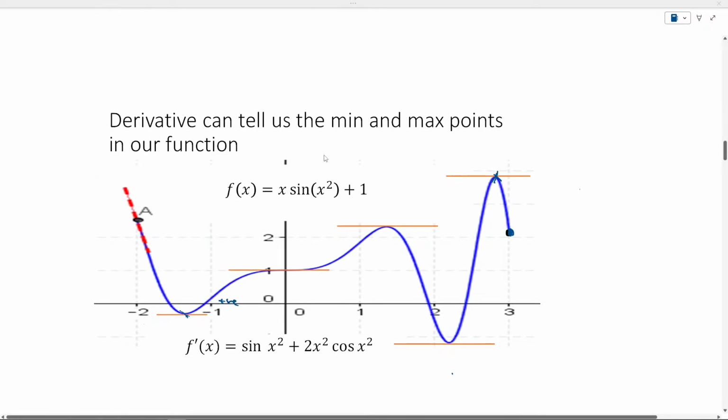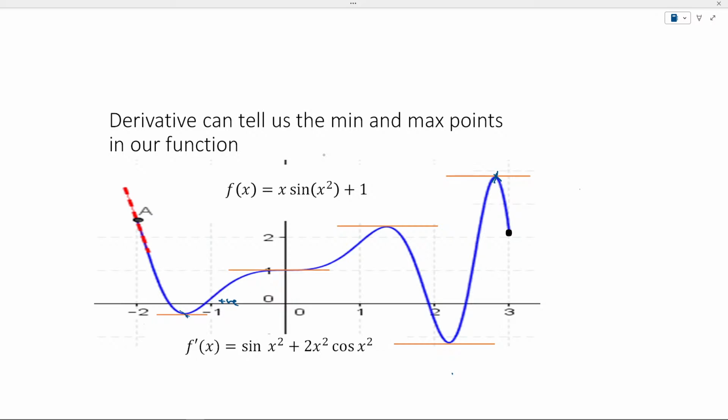Okay, let's look at this function. Let's just study this function first. So we have a function here. What is going on here? This is our function. This is the derivative of this function, and we can evaluate this derivative at any point.